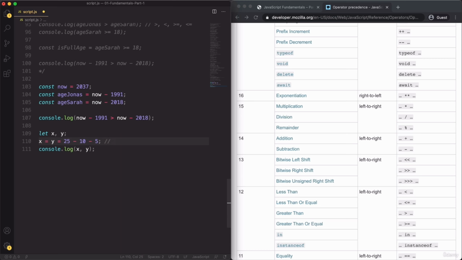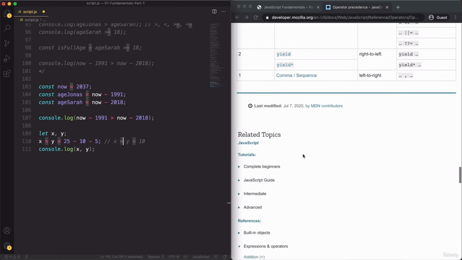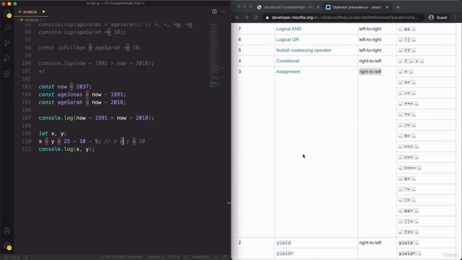And so let's just write that here. So after these minus operations, we end up with this code basically. So x equals y equals 10, right? Because again, 10 is the result of doing these operations. And so now we only have two operators left, which are the equal operators. And so now they are executed. But as I showed you before, they are executed right to left.